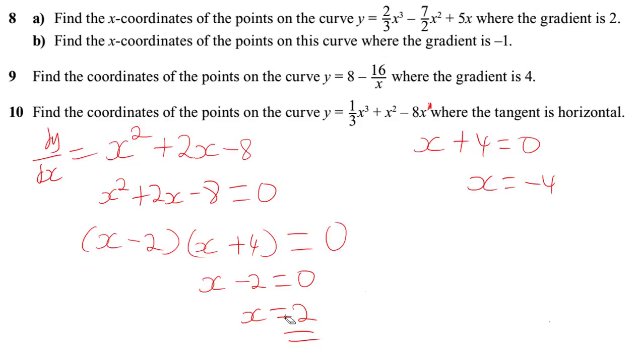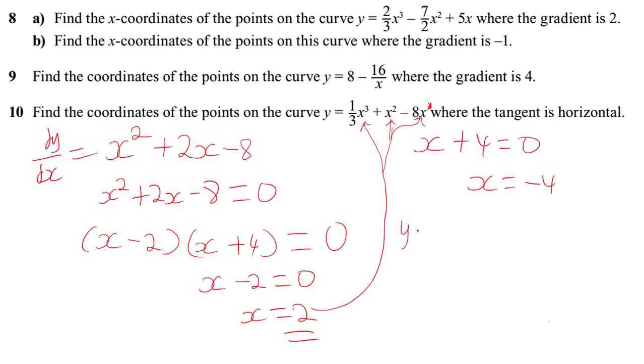So let's now start with this one. To find what y is, all you need to do is sub this x back into the equation here. So everywhere where x is, you're going to sub in that 2.